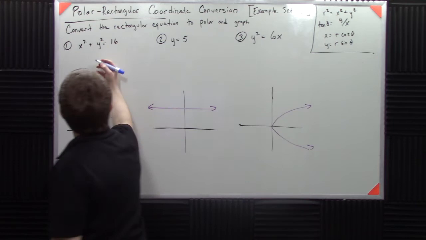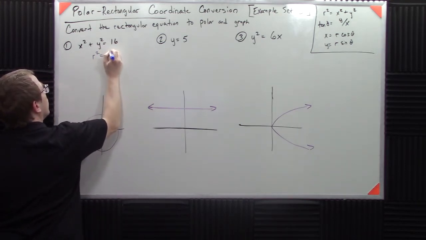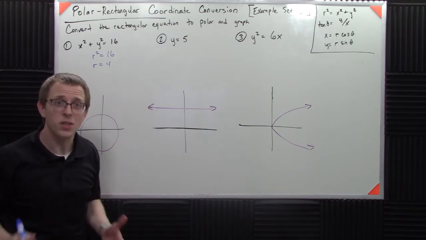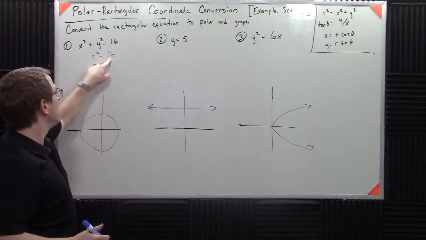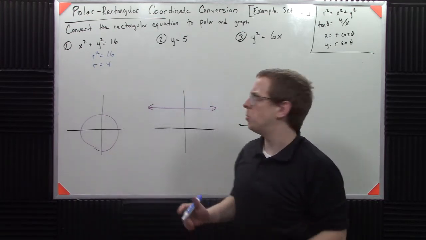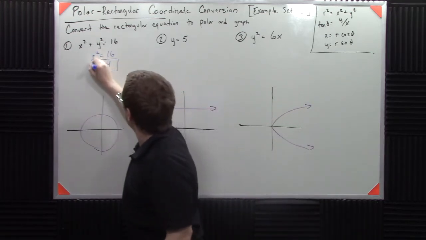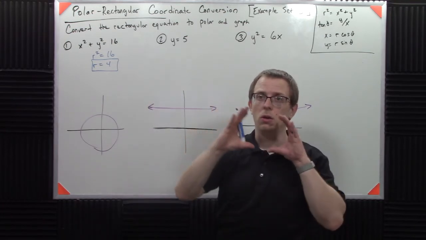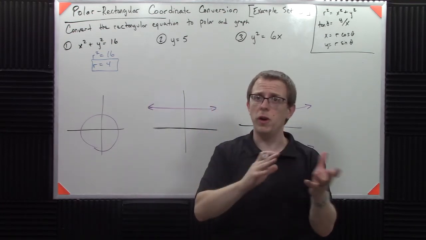So x squared plus y squared is r squared. So now r equals 4. Now this is really, really nice, because this is a super compact notation. Instead of having x and y, two variables, you have one.